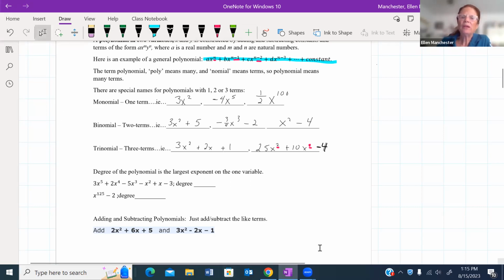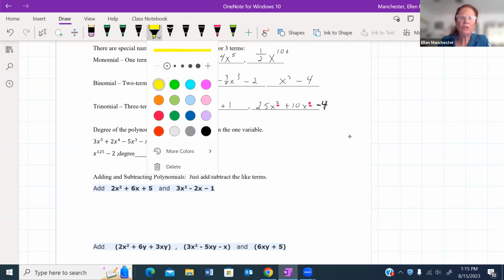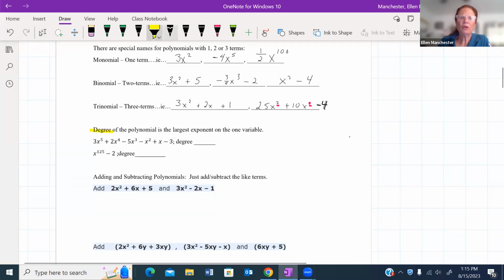Now we identify the degree of the polynomial as the largest exponent on the one variable. And that's what makes this the degree of the polynomial. So if I said, what is the degree of this first polynomial right here? 3x to the 5th plus 2x to the 4th minus 3x to the 3rd minus x squared plus x minus 3.